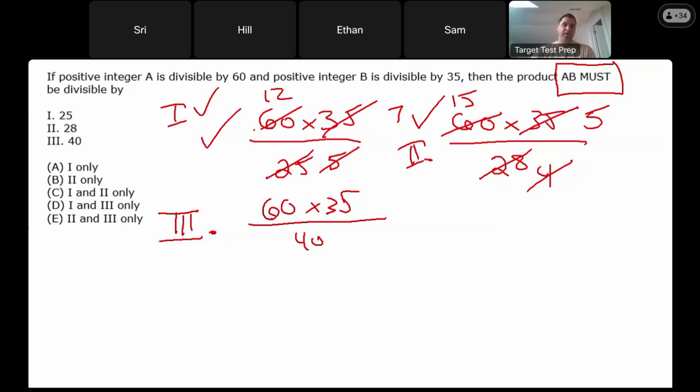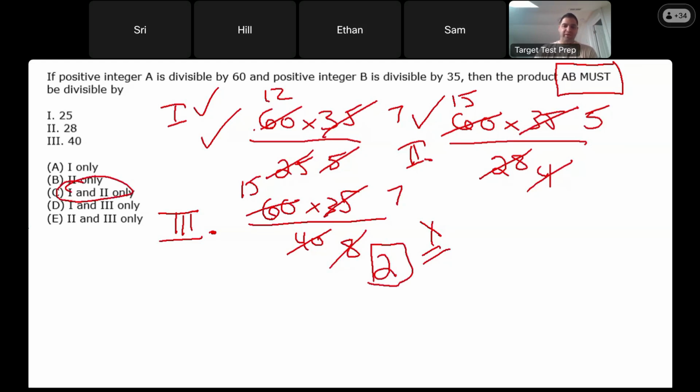Roman numeral 3, 5 goes into 45 8 times, 5 goes into 35 7 times, 4 goes into 8 twice, 4 goes into this 15 times. There's still a 2 in the denominator, so it's not going to work. So 1 and 2 is the answer. Again, you can get there different ways, but that's, to me, a clean, nice, simple way to get to that place.